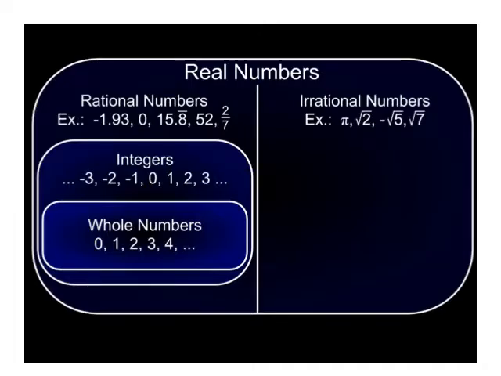All right, so then 15.8 repeating. Remember that little line above the 8 means that the 8 is repeating. Yes, that decimal goes on forever, but it's repeating itself. And so we can write it by putting that little line above it. 52, a nice pretty whole number, and 2/7, a fraction. We can actually write it as a fraction, therefore, yes, that is rational.